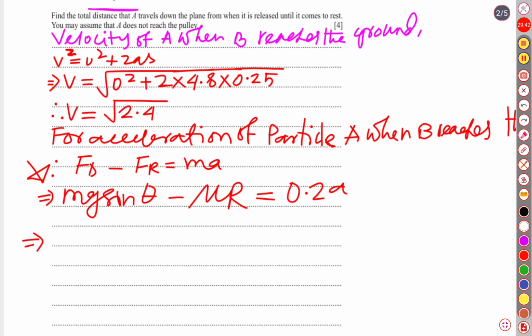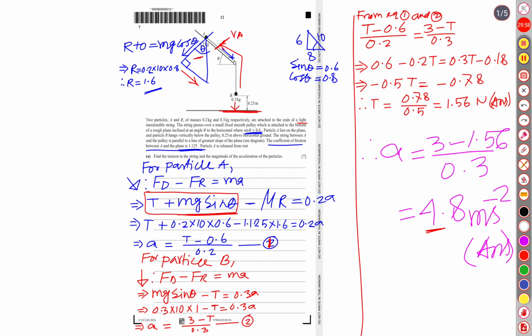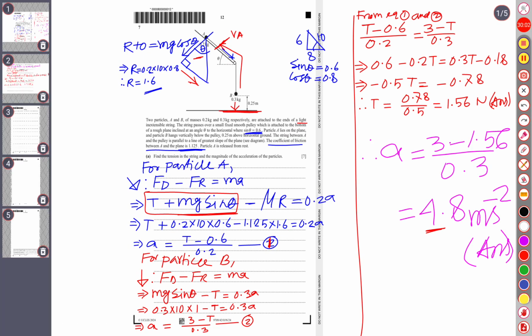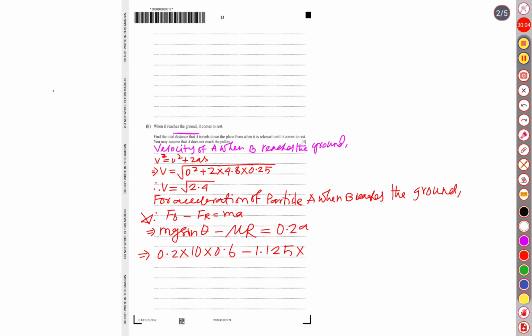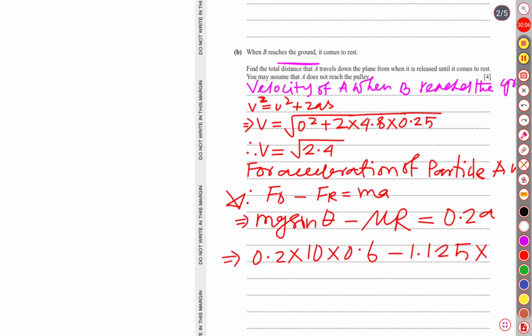So m is 0.2, g is 10, sin theta is 0.6, minus mu, the frictional coefficient, which was 1.125, and R, which we have already obtained, was 1.6.